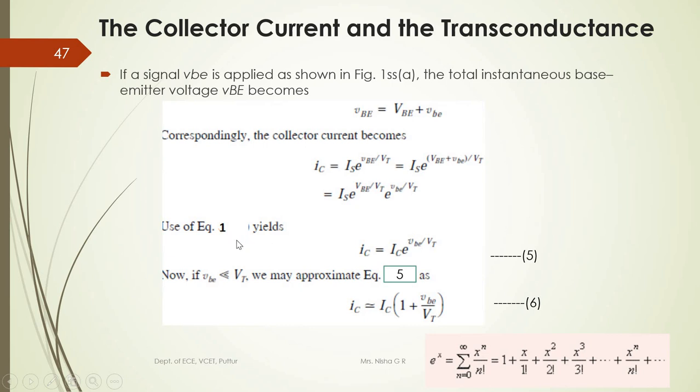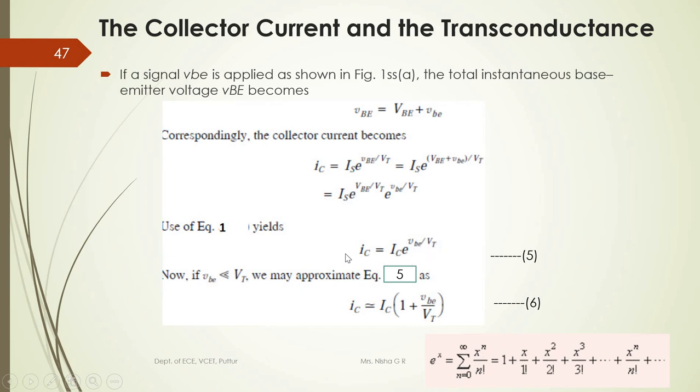Now use equation 1, that is IC is equal to IS e to the power VBE by VT. So this is nothing but capital letter IC, that is a DC component, DC current. The small letter ic, the instantaneous current, is nothing but your DC current IC into one more factor, that is e to the power small letter vbe by VT.